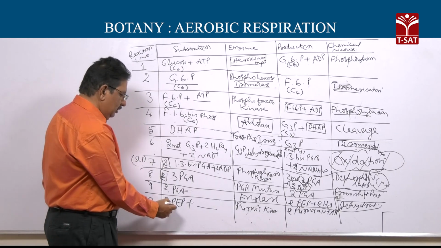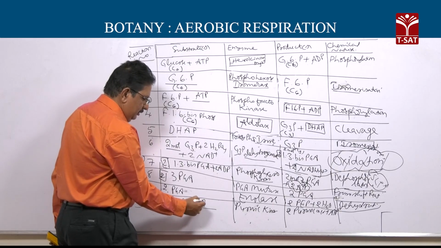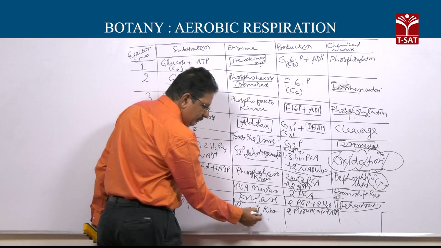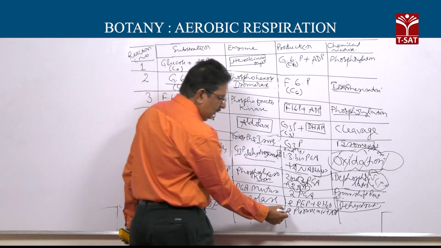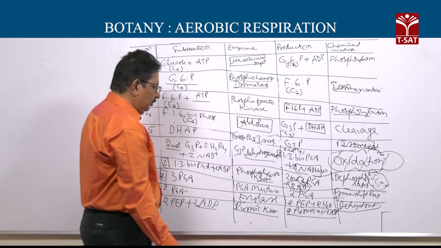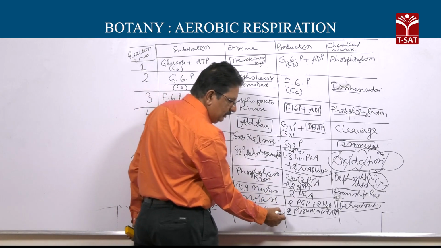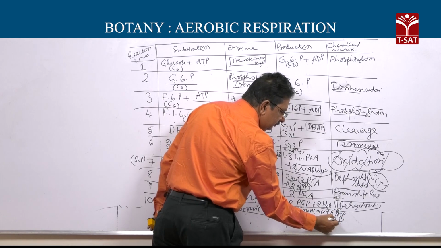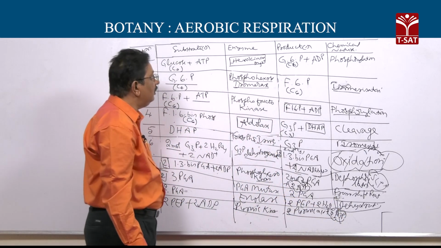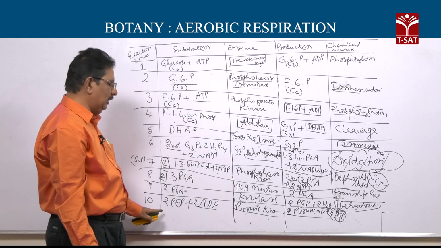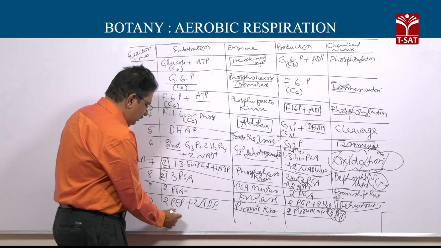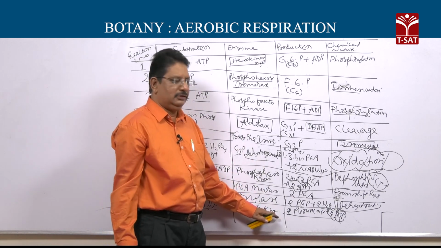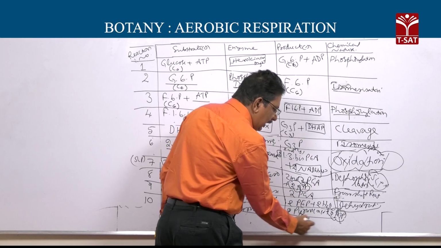So, finally, 2 molecules of PEP in the presence of 2 molecules of ADP with enzyme mediation pyruvic kinase convert into 2 molecules of pyruvic acid and 2 molecules of ATP. So, the substrates for the last and final step of glycolysis are PEP and ADP, and the products of the last reaction of glycolysis are pyruvic acid and ATP.